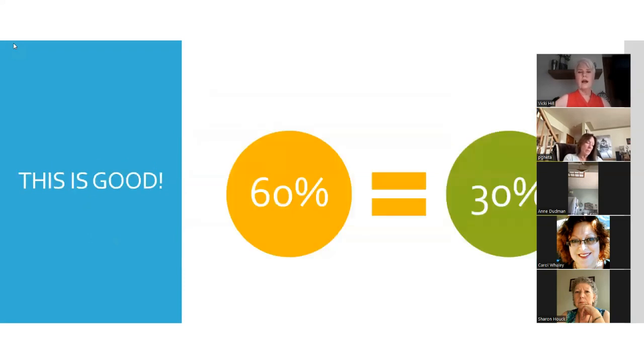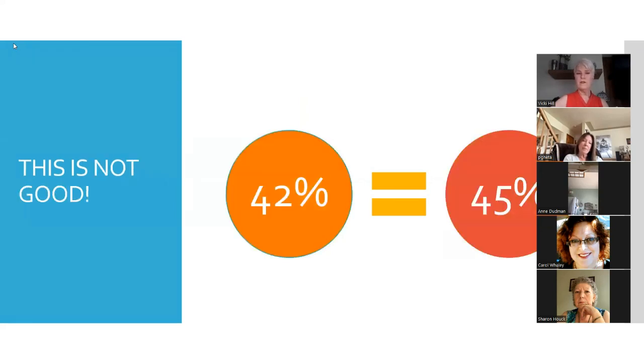So if you look at the numbers, you're seeing that the neutrophils should be at 60% and the lymphocytes should be at 30%. That's a 2-to-1 ratio. Everybody got that? So that's good. We want to see a 2-to-1 ratio.